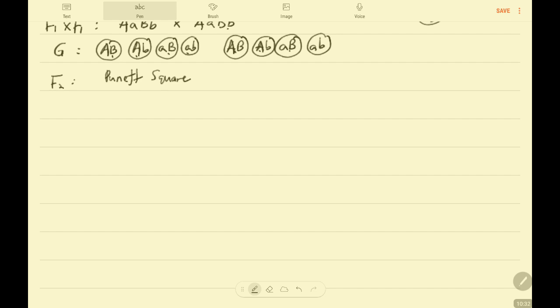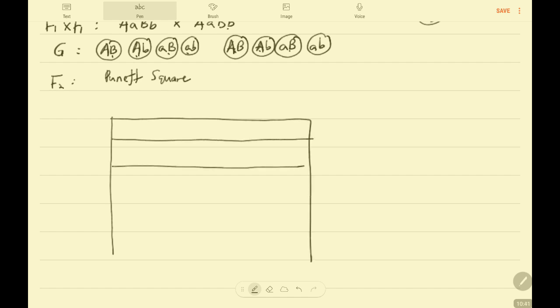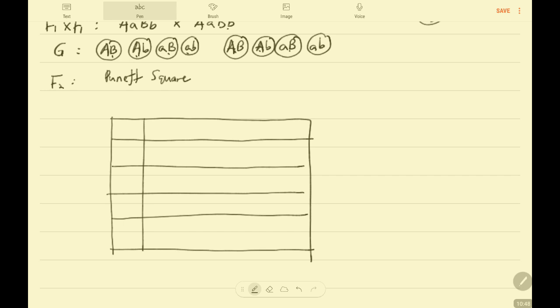So for a Punnett square, first we draw a table. Okay, on the left and on top we write our gametes. Gametes from the female parent and gametes from the male parent. So all these gametes from the parents, we put down.